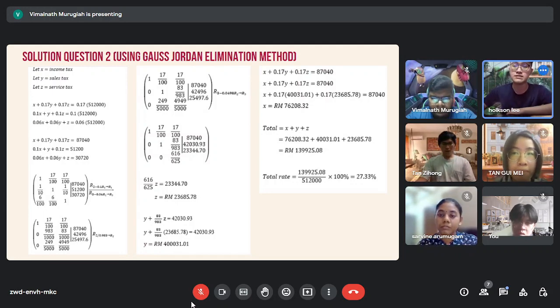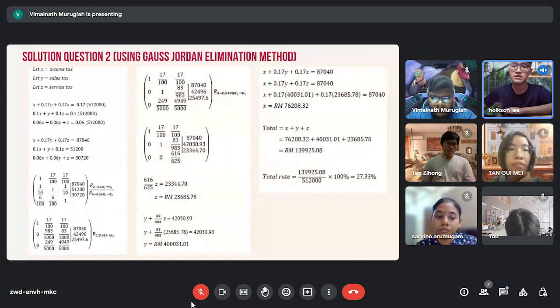Then we take the calculated Z and calculated Y and put them into the first equation to get X. After calculating, we get X equals RM76,208.32.